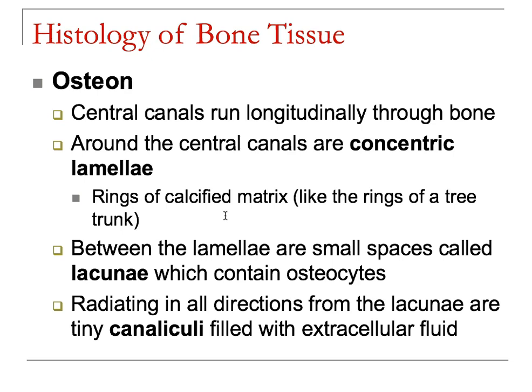And what's going to happen is inside these lamella are going to be these spaces that have these lacunae. I did spell it right, yay. A-E. And they have those osteocytes, the mature osteoblasts that are now trapped in that space. And they use canaliculi to contact one another, meaning they send processes from themselves to each of the other adjacent osteocytes.